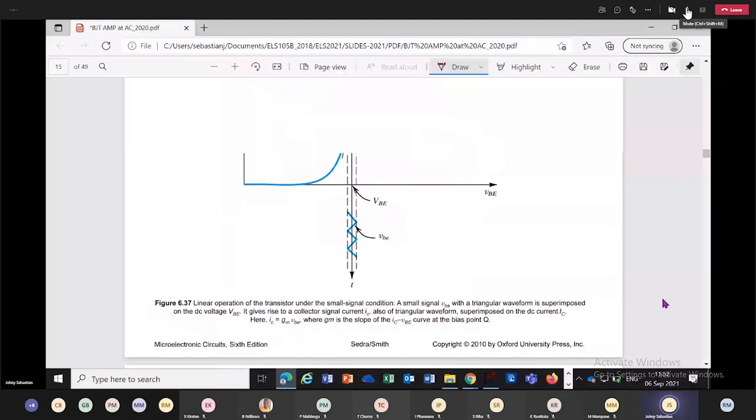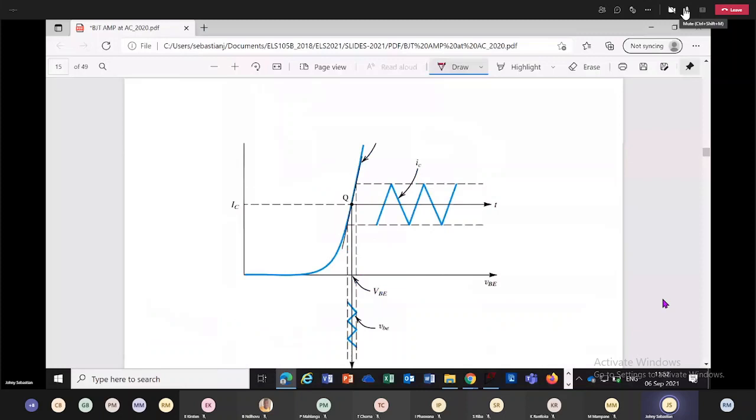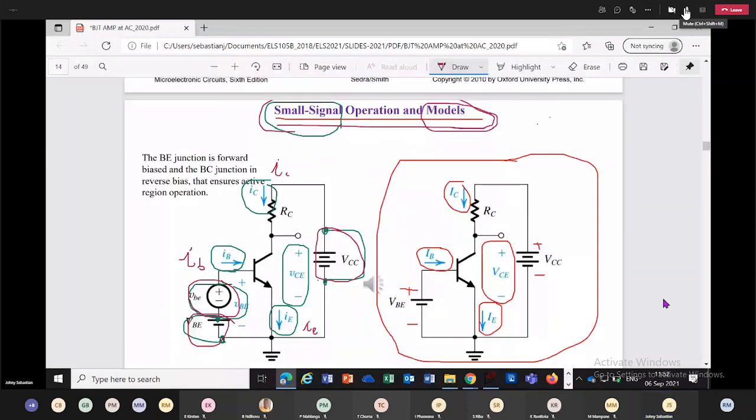Now, that's why I said we are trying to explain it conceptually. It is only a conceptual way of explaining. How can you see small signal base current, small signal collector current, and small signal emitter current?